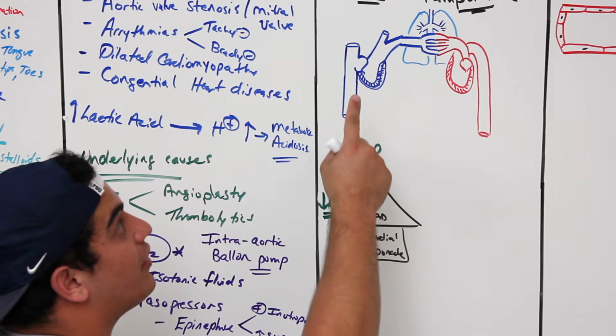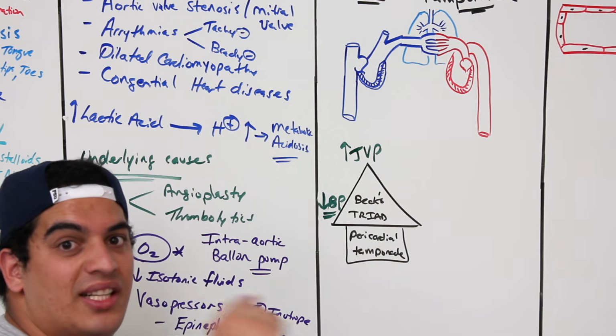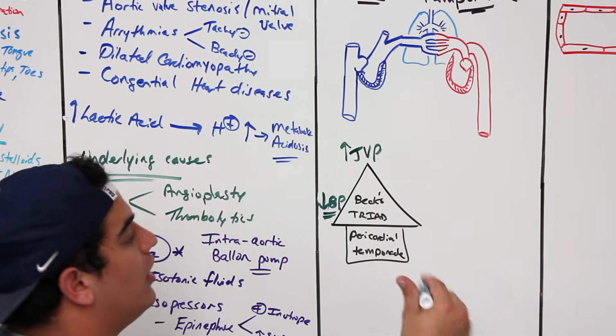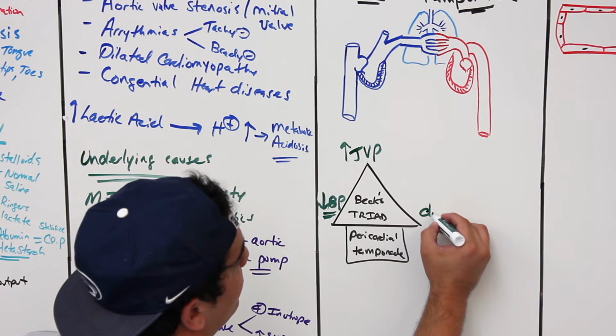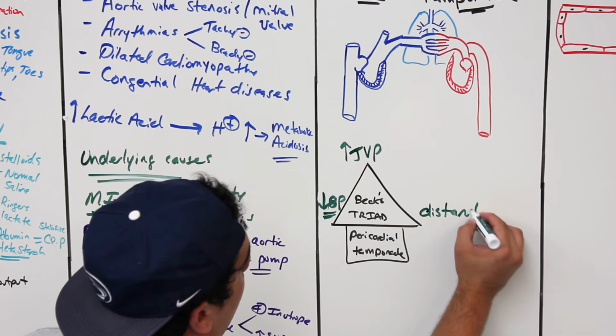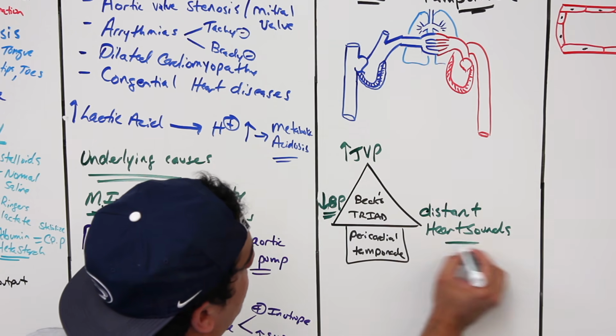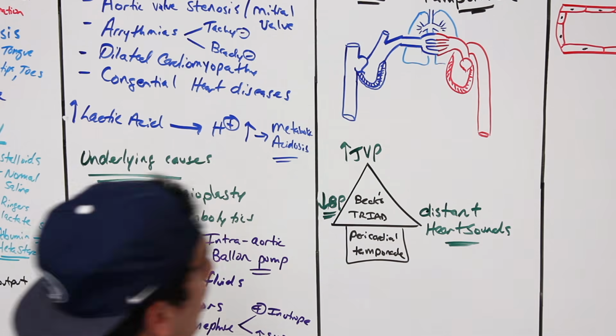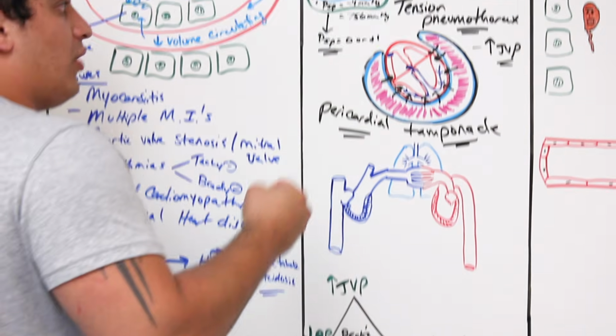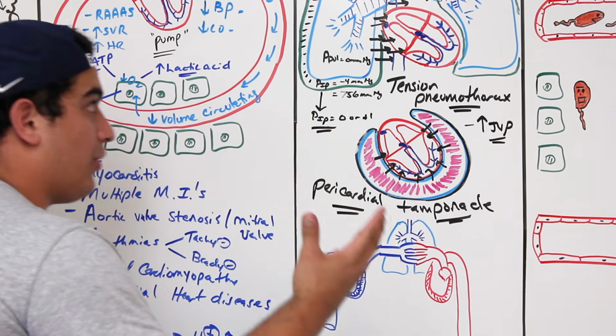So you trying to hear the sound is not going to be as well. It sounds like it's actually moving from a farther distance. So we call it muffled or distant heart sounds. Okay? So that's some of the things that you'll see within a person with having pericardial tamponade. So again, with this person, there's an obstruction. They're having a hard time getting the blood out.